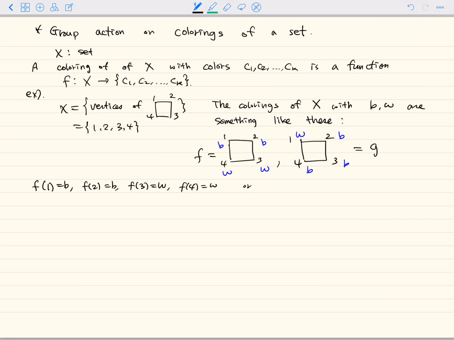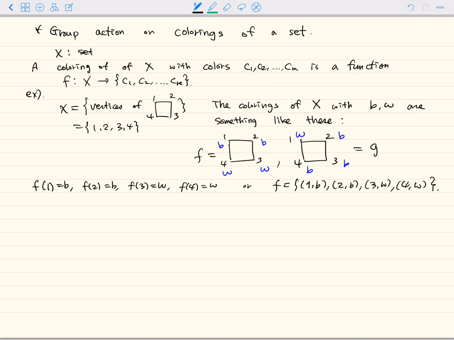Or we can also write f as a set of pairs. So (1, b), which means 1 is colored with b, (2, b), (3, w), (4, w), something like that. You can also write g in this way. All right.